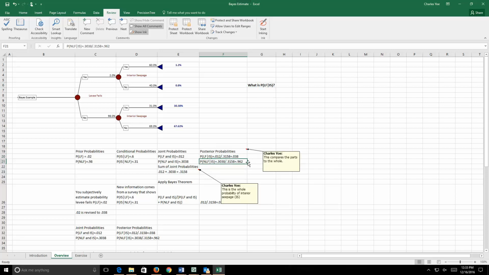Here is another posterior probability, the probability of no levee failure given interior seepage, and that's given by the joint probability divided by the marginal probability of interior seepage. So that's 0.962.